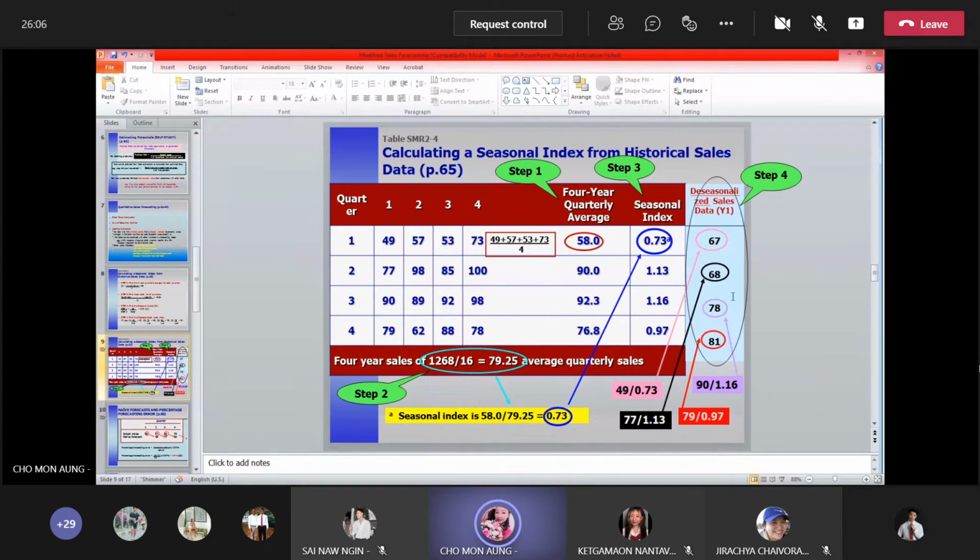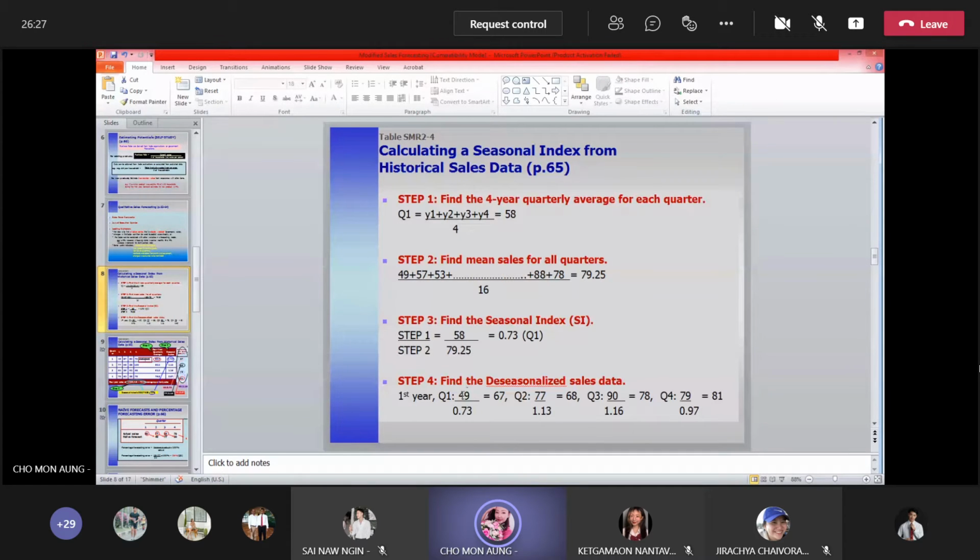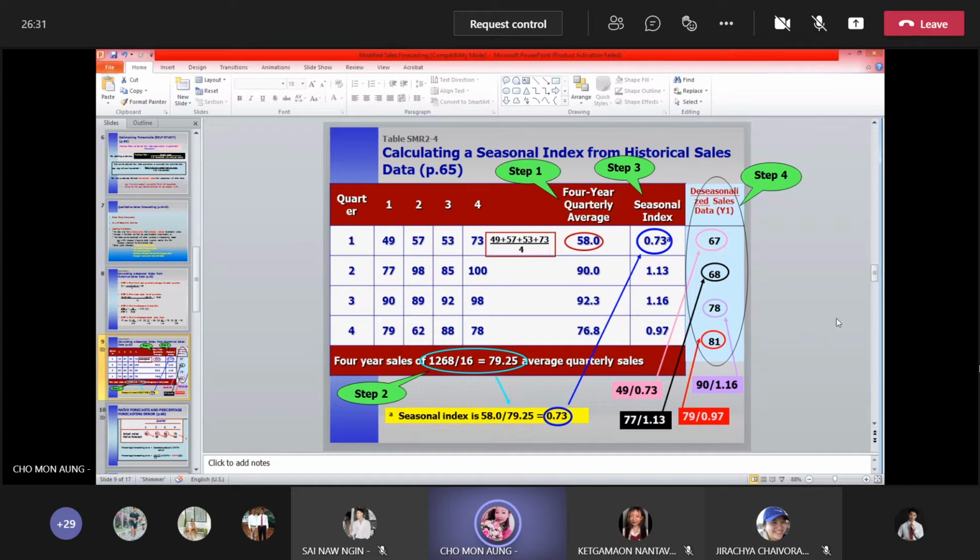Now look at this last column. The last column is from step number 4, deseasonalized sales data for year 1 only. But here we have years 2, 3, and 4, and you repeat step number 4 to get the deseasonalized sales of the other quarters as well. Is that clear?